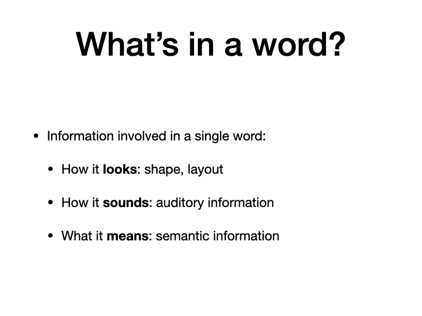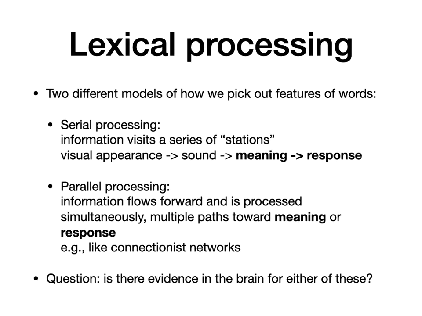So, as discussed last time, there's this push forward into thinking about how this information moves around. How does it flow in the brain, right? And there's two different models about how we understand words, pick out the features of words and make use of them.